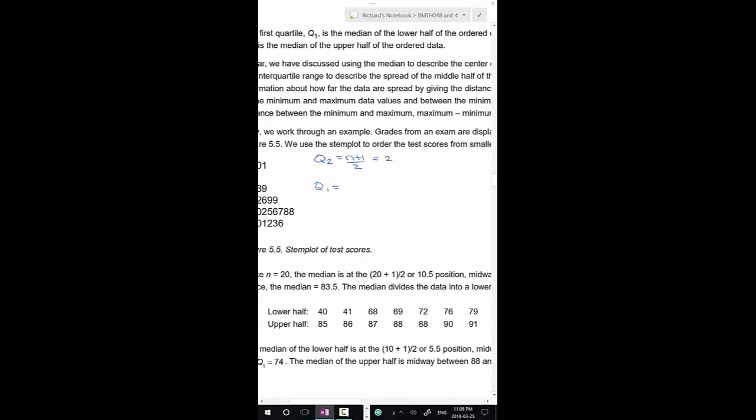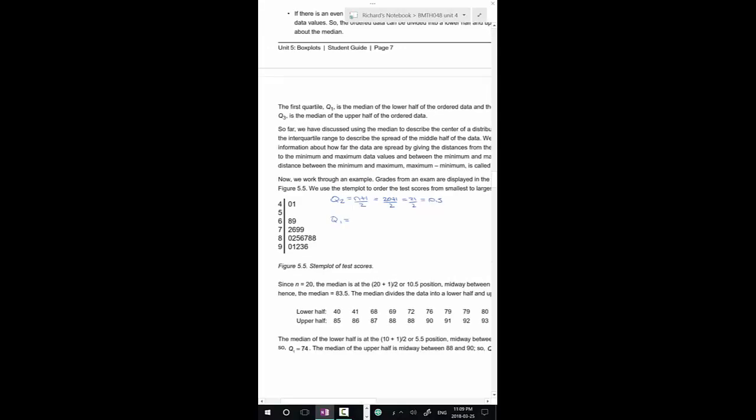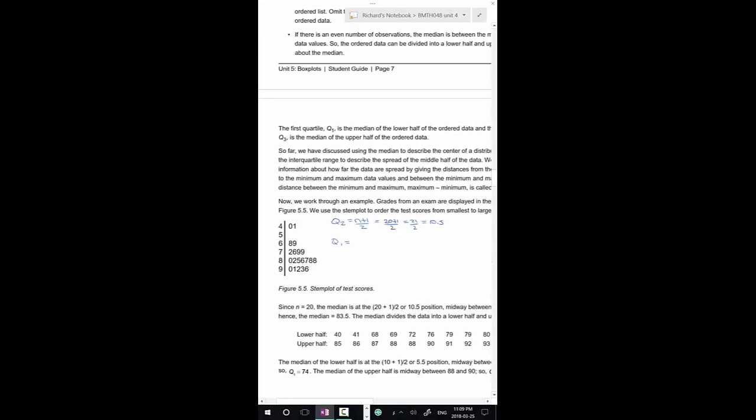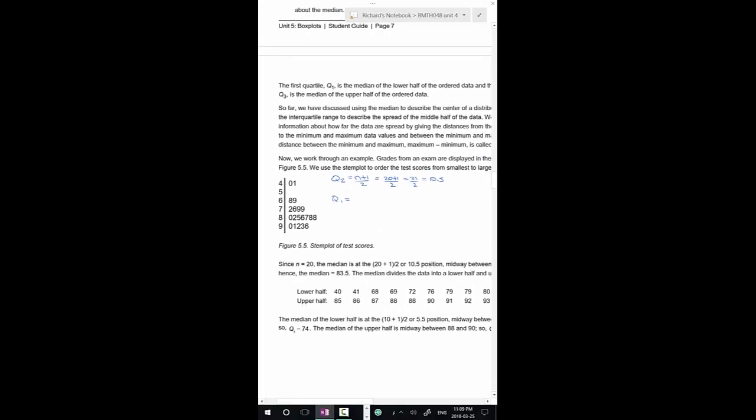That's going to be equal to (20 + 1) / 2, which is 21 / 2, 10.5, which means that the position of the median will be between the 10th and 11th term.